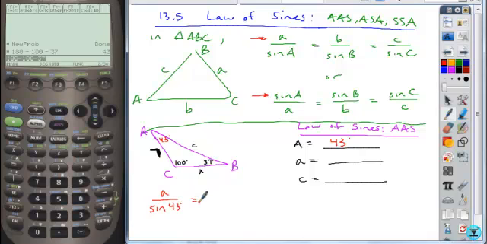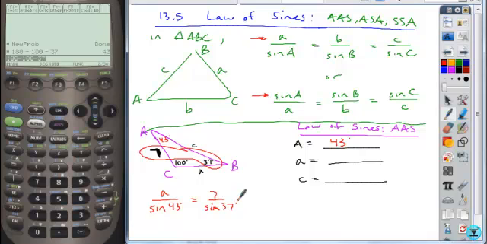And that's going to equal, in the law of sines, you have to have a known ratio. Which is the ratio that we actually had both the side and opposite angle for? The A's, the B's, or the C's? B's, right? Here's our known ratio. Since our side is on top, we start with side 7, and we take the sine of the angle opposite that, which is 37 degrees.